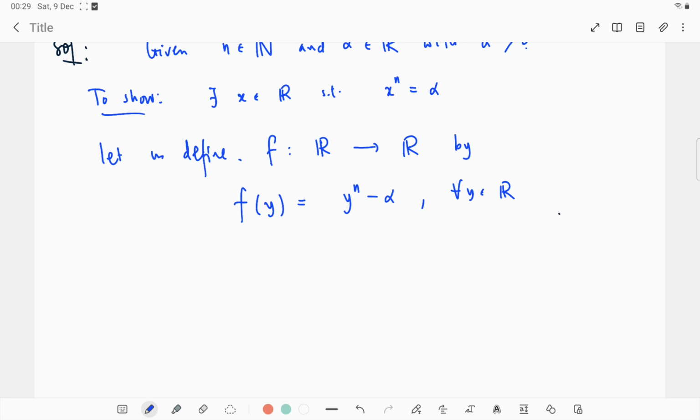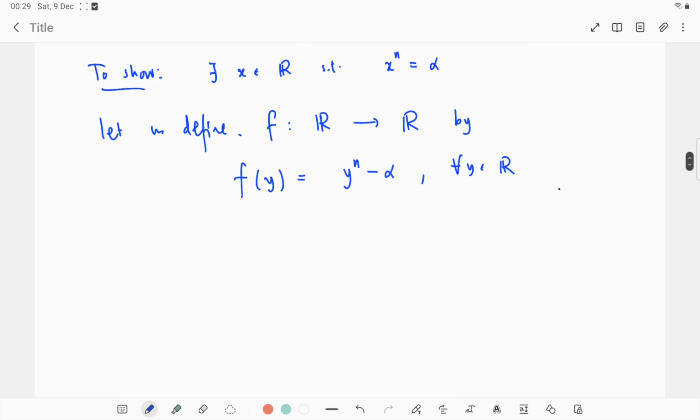Hence y to the power n minus alpha is also continuous, right? So you can check that f is continuous.